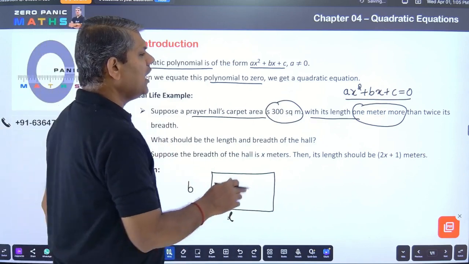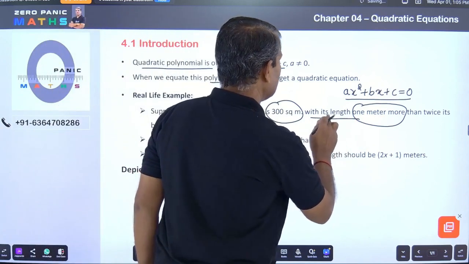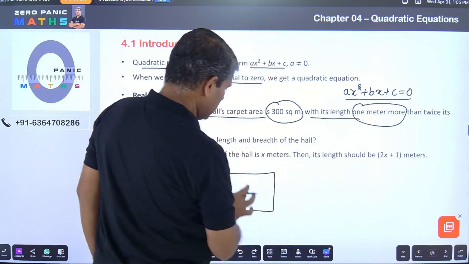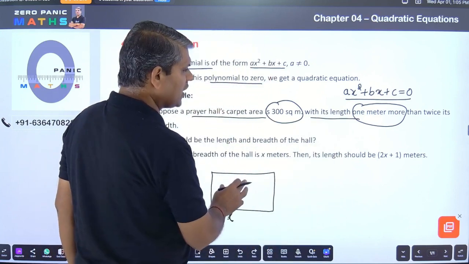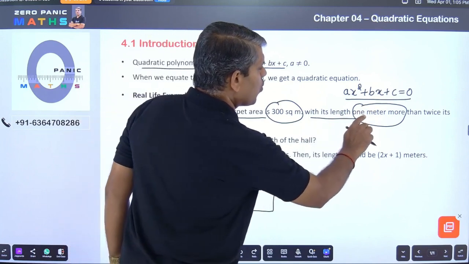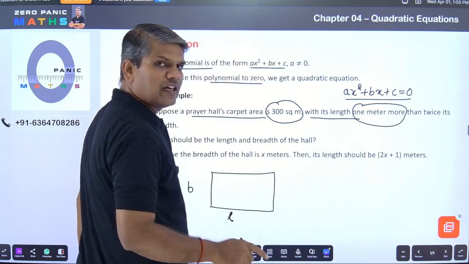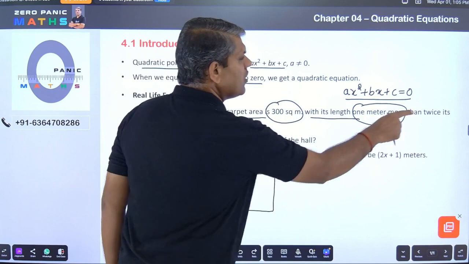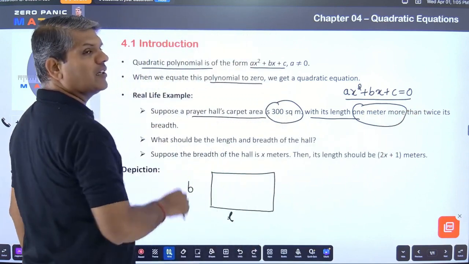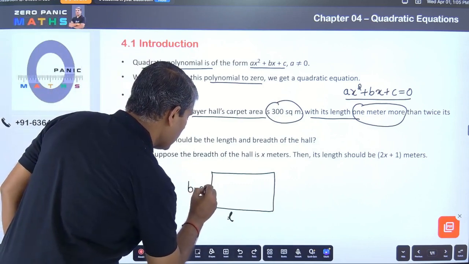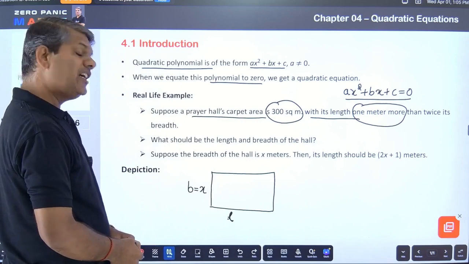Then what they are telling is the length of this rectangular carpet area is one more than, read that carefully, one more than, it means plus one, twice of its breadth. So let us suppose I consider x as its breadth.